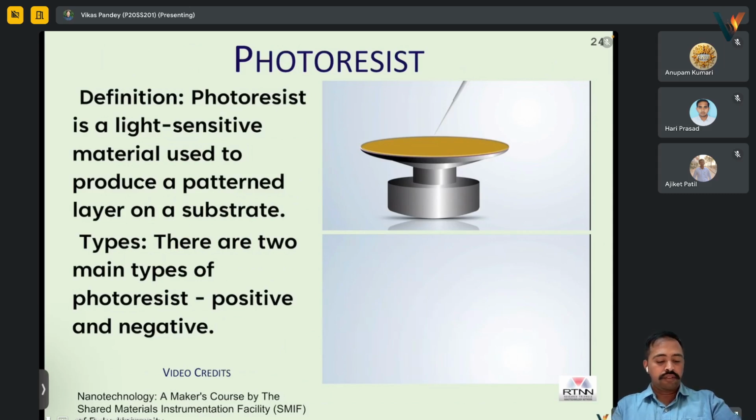To harden it, not harden in the sense, just to dry it, we do a soft bake. After spin coating it, we heat it for a very short time at a lower temperature. What it does is dry the resist, and we get some kind of solid structure. Otherwise, it will be sticky. Okay.